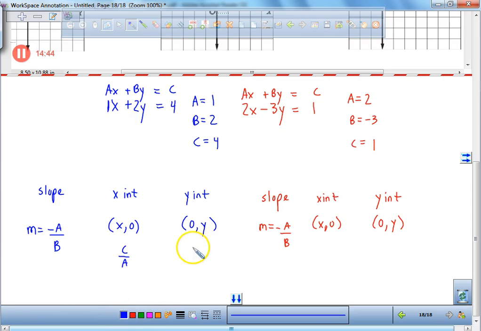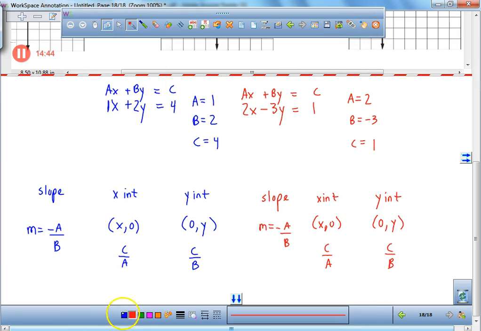And the y-intercept will always be the c value divided by the capital B. So this is just a formula. If you know your a, b, and c, then you can find the x-intercept and you can find the y-intercept without having to do a whole bunch of complicated math if you have these little formulas. Okay? So we'll show you how to use them.